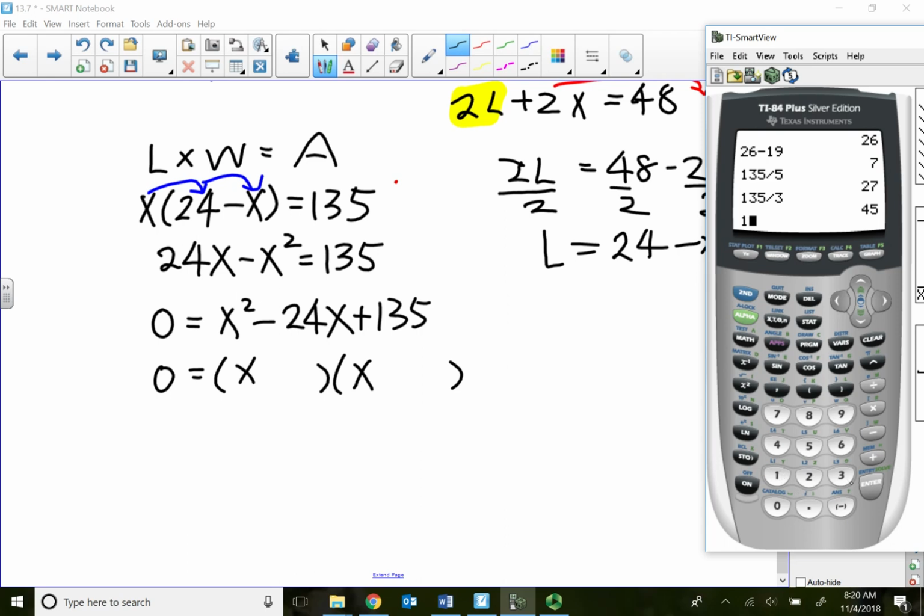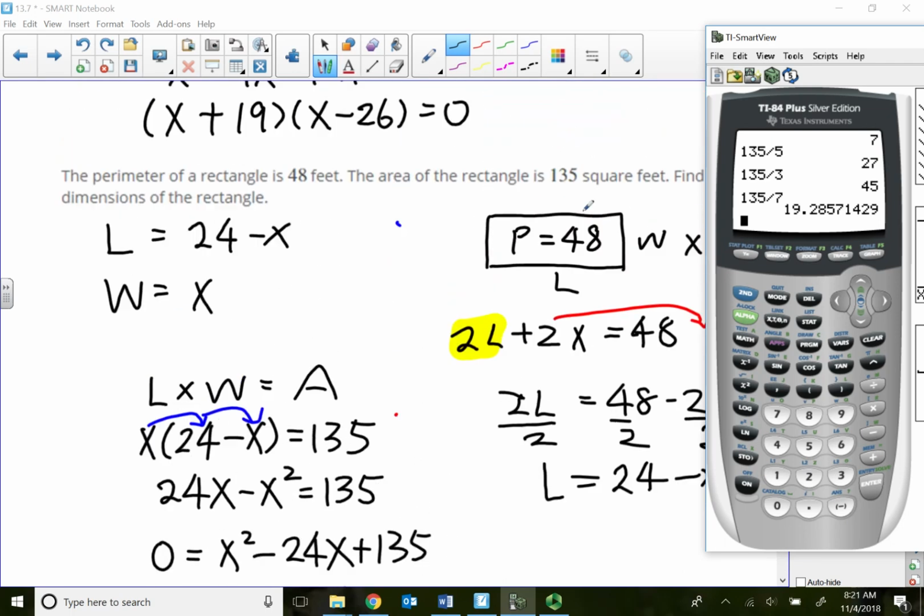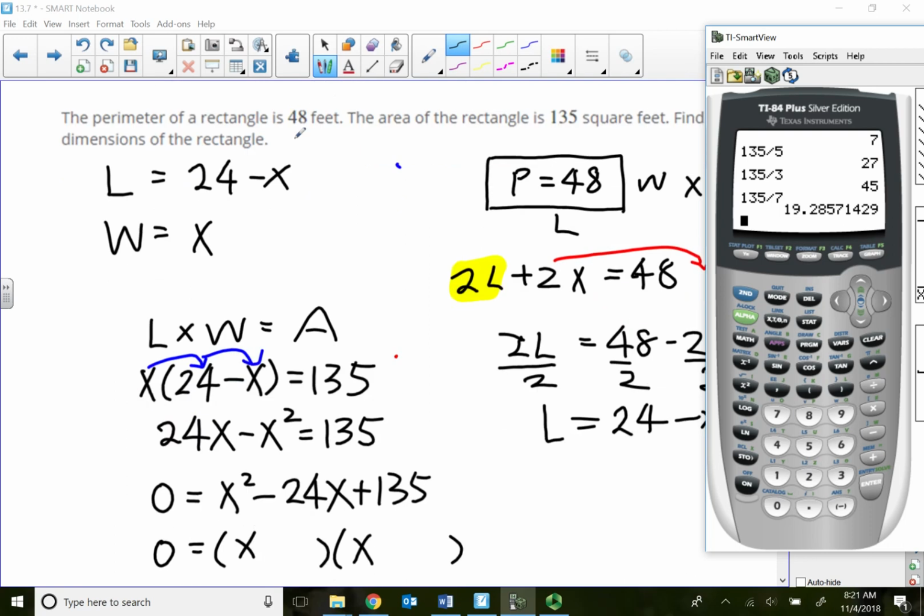7. 7 times 5 ends with a 5, so I will try with 7. 19 point something. So let me make sure I'm doing this right. This 135, 28, 24, that's right, everything is right.